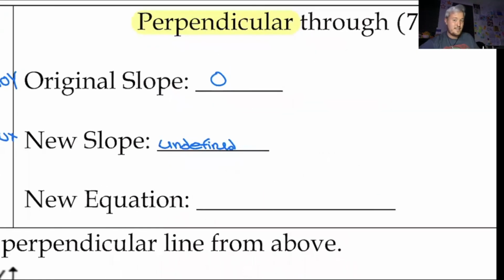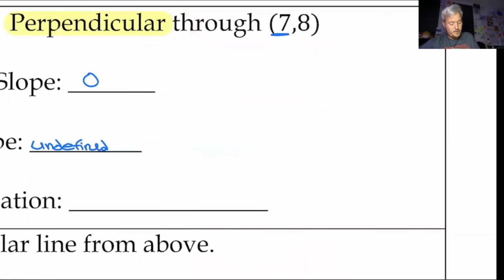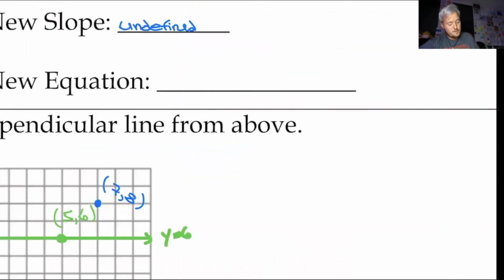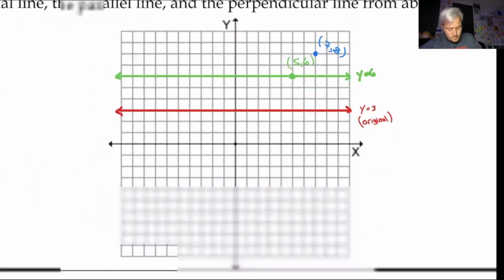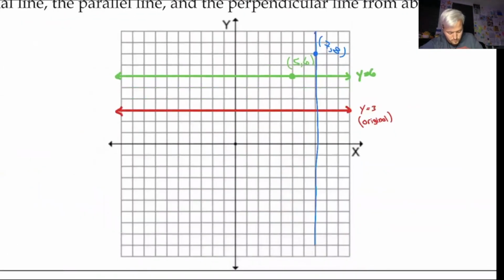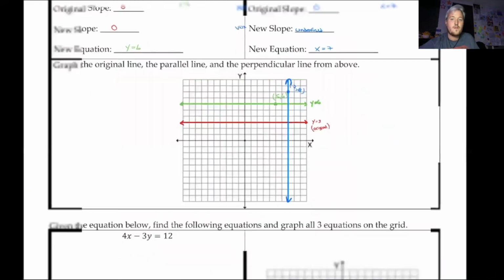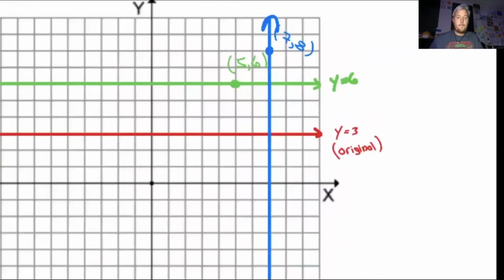So I want the x equals value. So I'm taking the x value, and that's my equation. So x equals 7 is my new equation. There we go. All right, so now we have parallel lines.